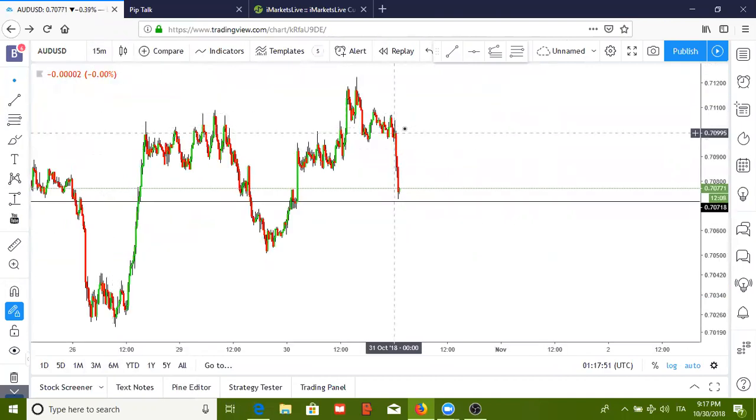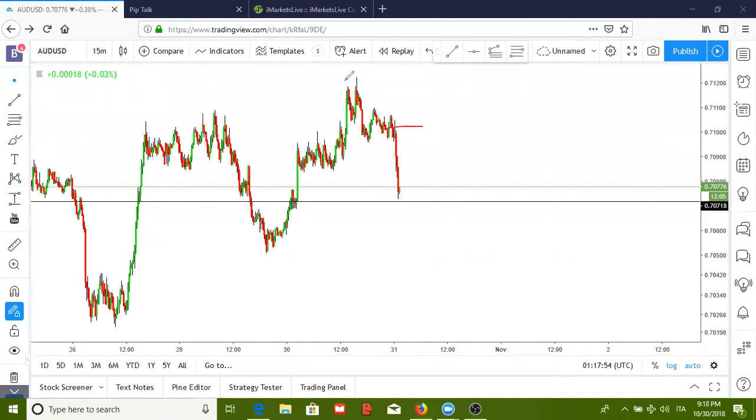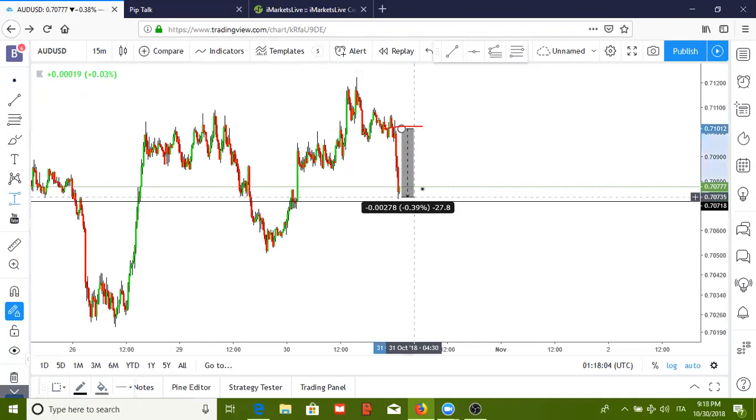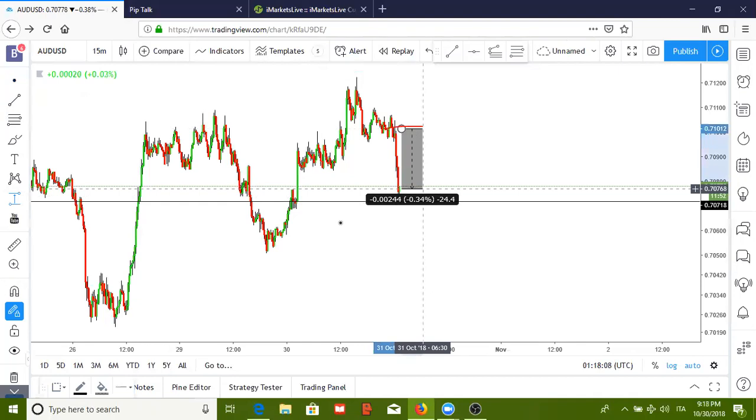Nice. I got an AUD USD for a sell right here, and I traded it for news with my boy Eric, and right now we are up about 25 pips.